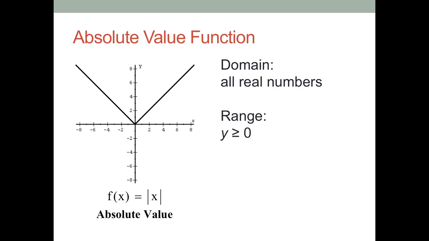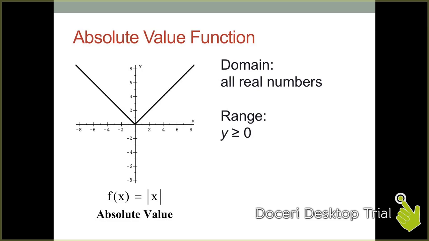Our domain for absolute value is all real numbers, so I can take the absolute value of anything, but my range has now been restricted because my v is entirely above the x-axis. Everything that I get for an answer is up here, and I don't have anything below the x-axis, so my range is y is greater than or equal to 0.